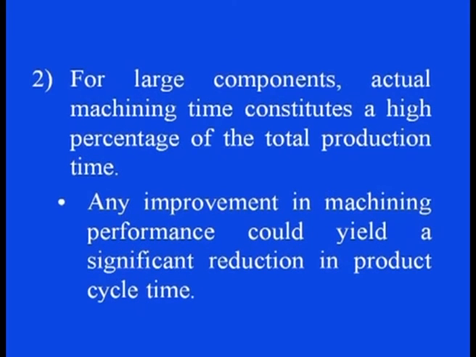Number 2, for large components, actual machining time constitutes a high percentage of the total production time. Any improvement in machining performance could yield a significant reduction in product cycle time.